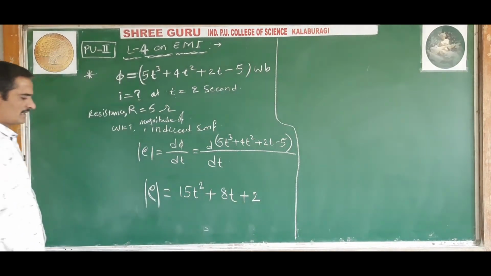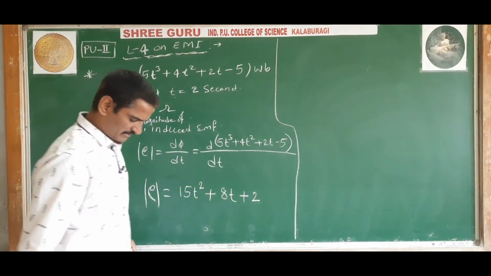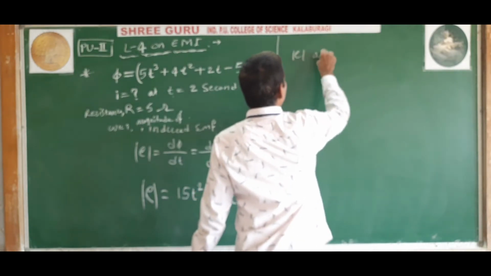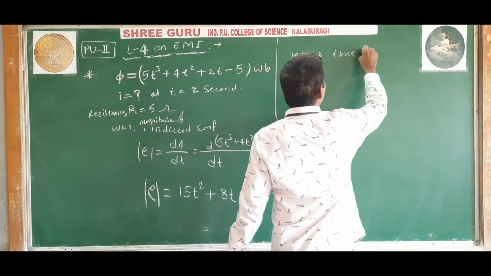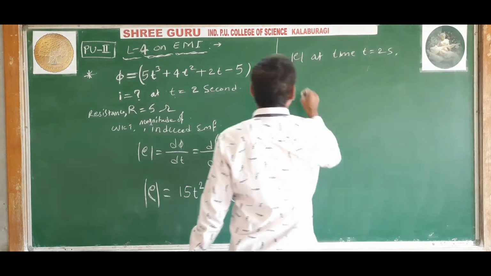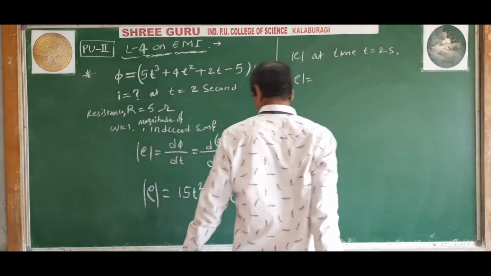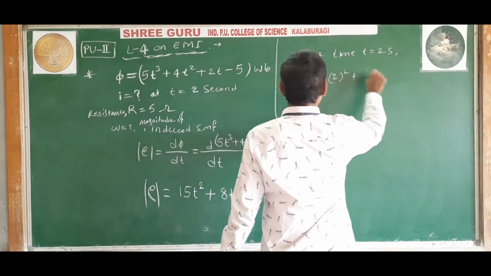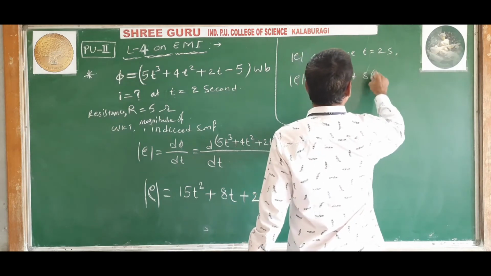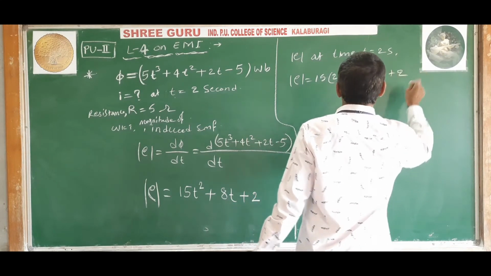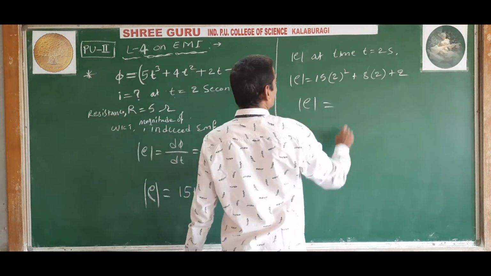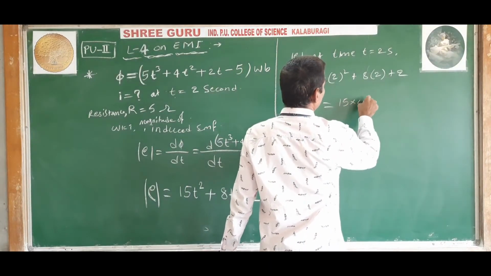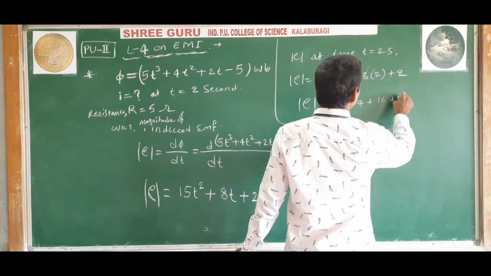Find the induced EMF at t equal to 2 seconds, then the current. Substitute t is equal to 2: 15 times 2 square plus 8 into 2 plus 2. 2 square is 4, so 15 into 4 plus 16 plus 2.